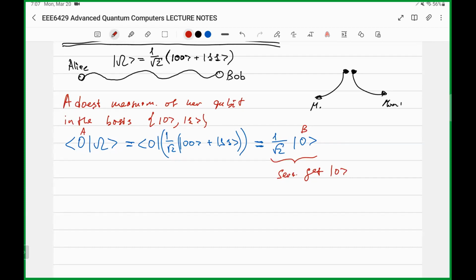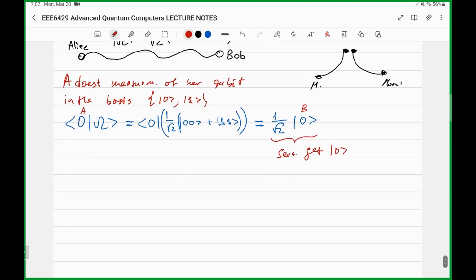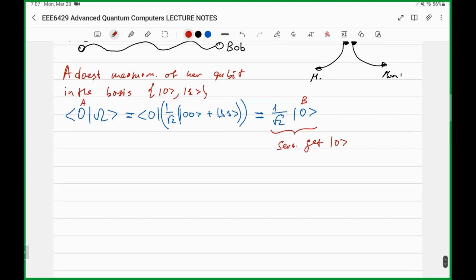You see, because Alice obtained state 0 in her measurement, and vice versa. If, for example, Alice gets state 1, for the same reason, Bob will have only one option to get. Bob gets state 1.